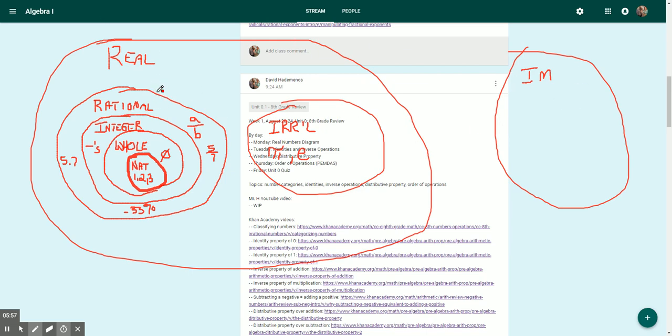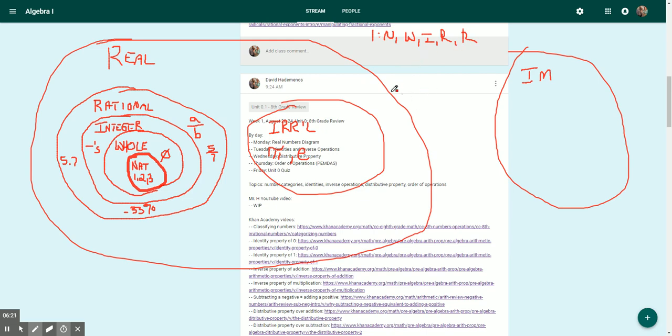So, all rational numbers are real, all irrational numbers are real, all integers are rational, all wholes are integers, and all naturals are wholes. So if you have 1, that's going to be natural, whole, integer, rational, and real.